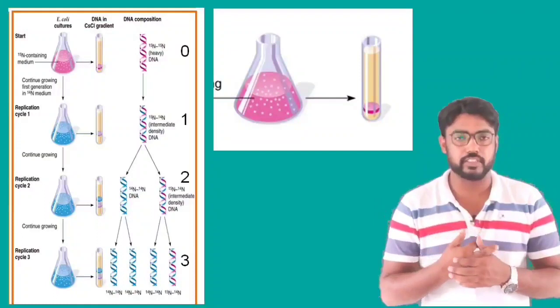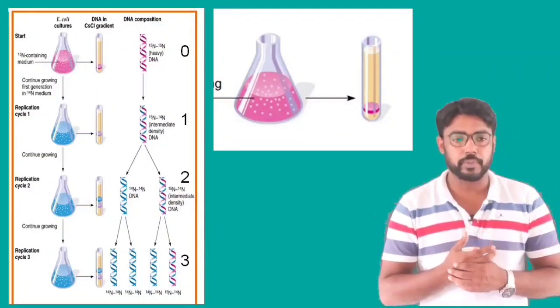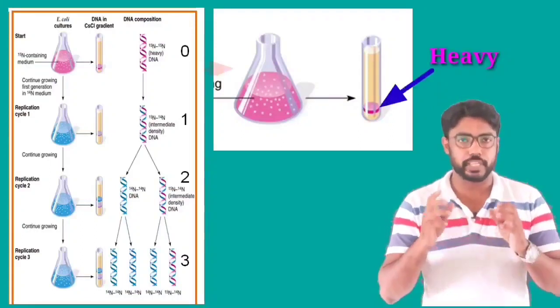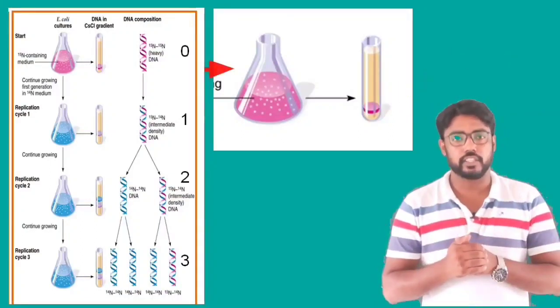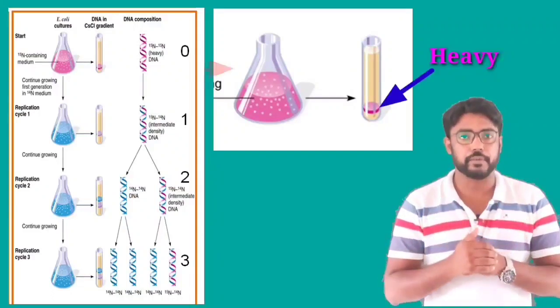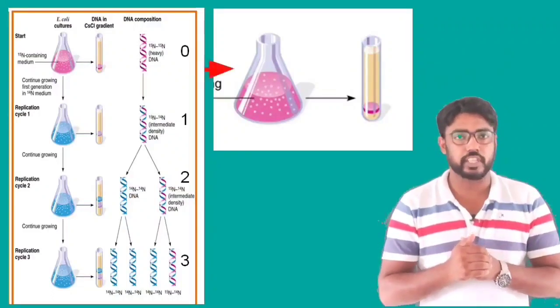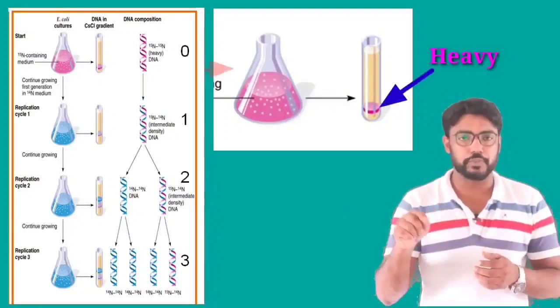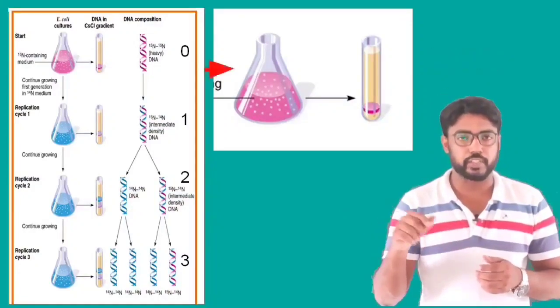I will explain this experiment again. Meselson and Stahl first grew the bacteria E. coli in N15 medium only, for several generations. This culture we can call the zero generation, because it is just before switching the bacteria into N14.